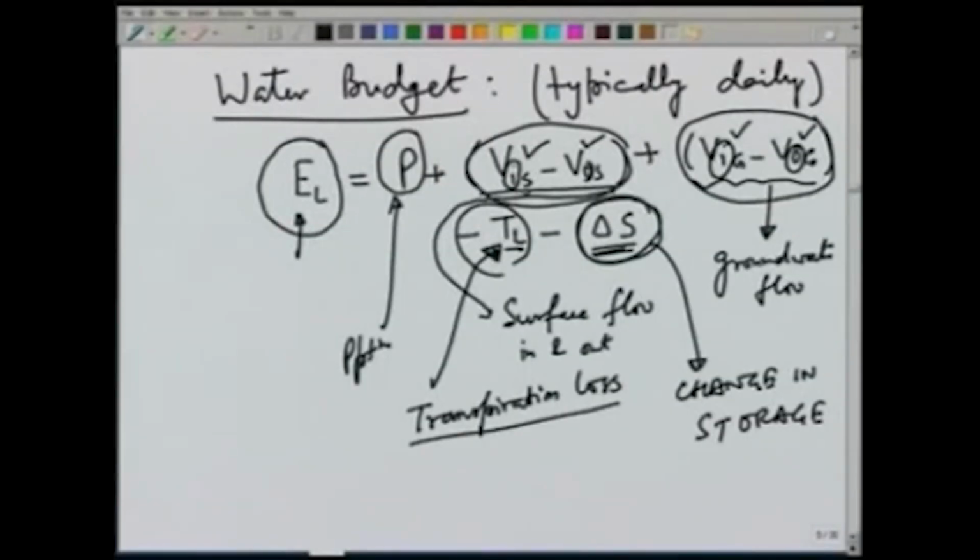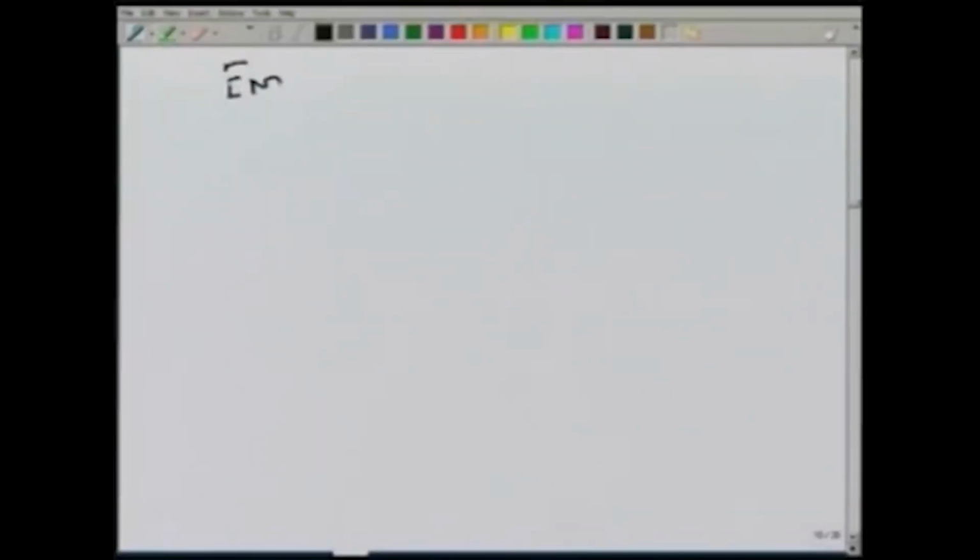And therefore, we can go for an energy budget approach, in which we look at the total energy coming to the body and the amount which is lost, and therefore, the remaining is used for evaporation.